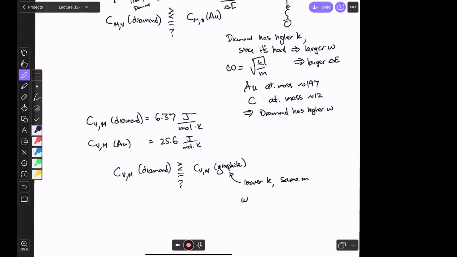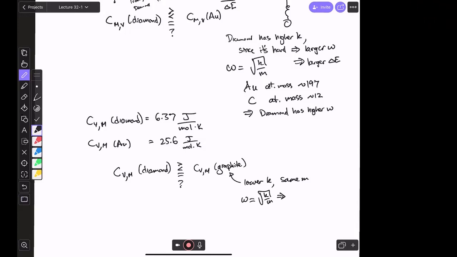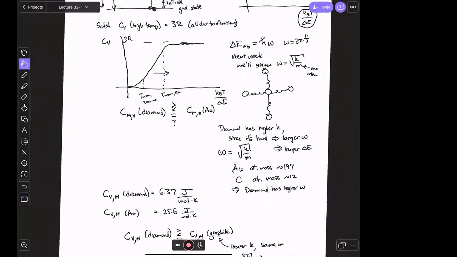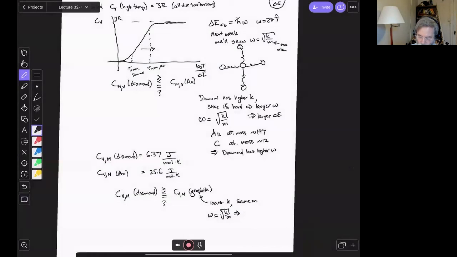So lower K and omega equals square root K over M. So that means, go ahead. Does that mean that the omega is higher than diamond? No, because the K appears in the numerator inside the square root. So it's going to be a smaller omega. And that also means it's going to be a smaller delta E.